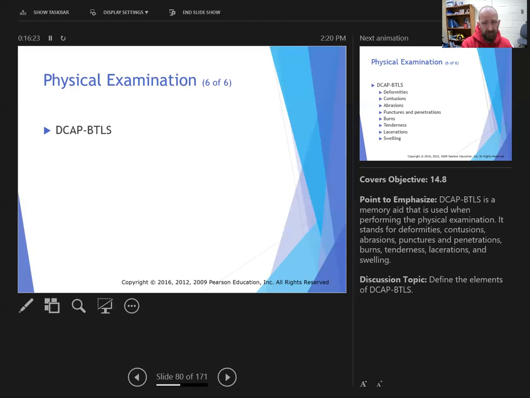It's called DCAP BTLS. You're going to have to know what each of these letters stands for, and be able to do it quickly. What DCAP BTLS is, is an acronym to let us know what we are looking for throughout the body when we're feeling the body.